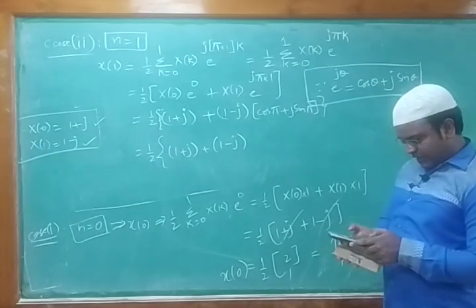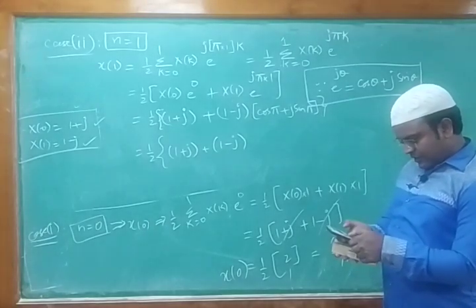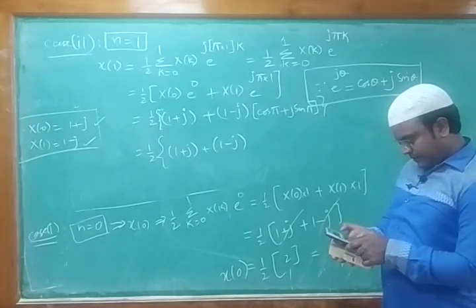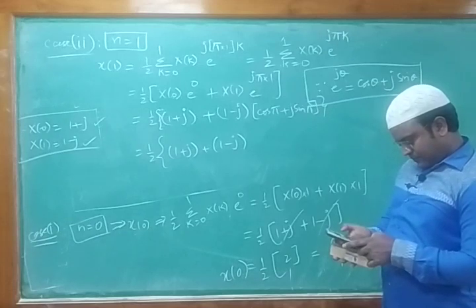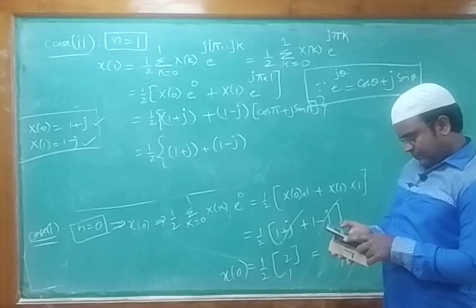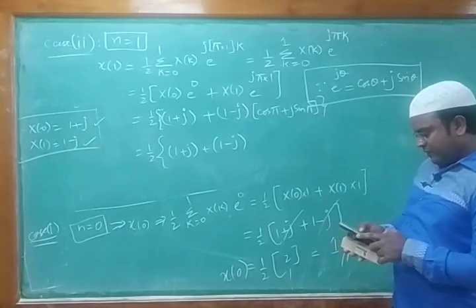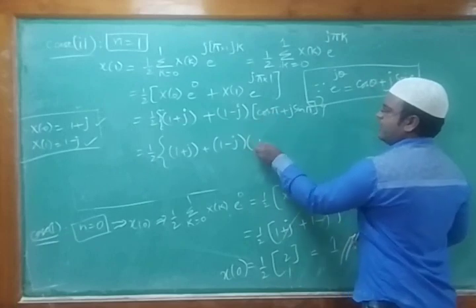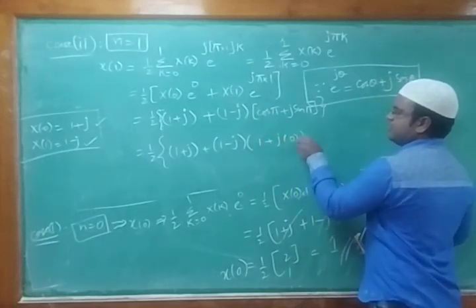Cos pi is anyhow minus 1, but still we'll substitute and check it out. So cos pi plus j sin pi. So we are getting 1. So this is the answer of cos pi. It is nothing but 1 plus j into something, and we are getting 0.